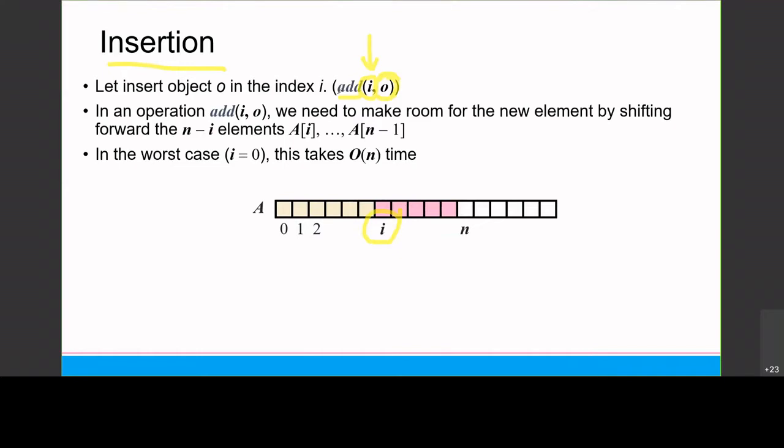So when we have the operation add at I, comma O, I want to add a new data in the index I and put the object O. In an add operation at I, comma O, we need to make room for the new element by shifting forward the n minus I elements.